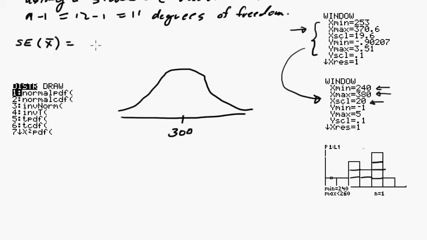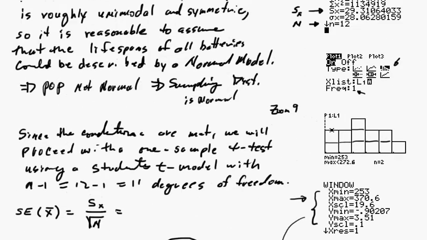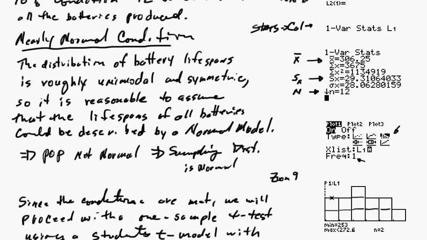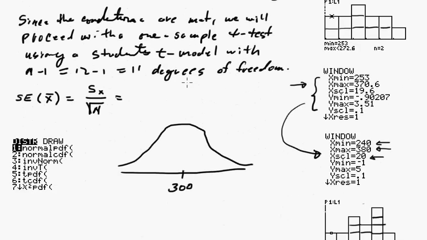We'll take the standard deviation of the sample, 29.311, and divide it by the square root of n. So 29.31 divided by the square root of 12, and I get 8.461.